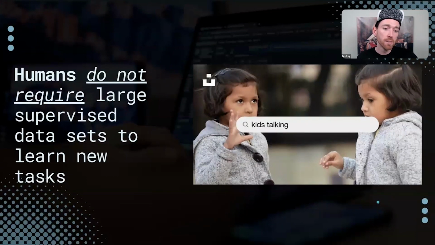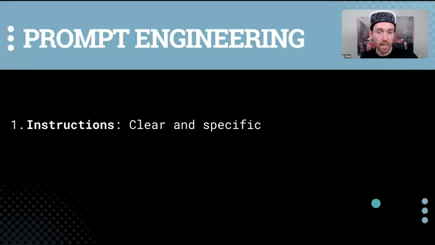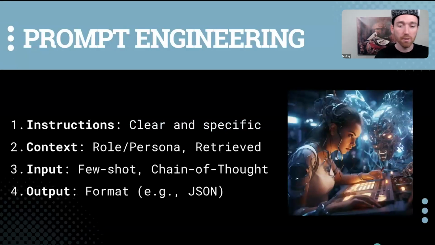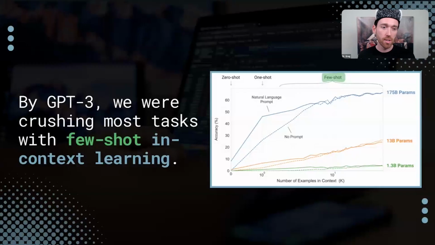We just need clear and specific instructions, just like LLMs need. This is the number one best practice of prompt engineering. So by the time we get to GPT-3, we're crushing most tasks with one-shot, two-shot, few-shot learning by putting examples into the context window.